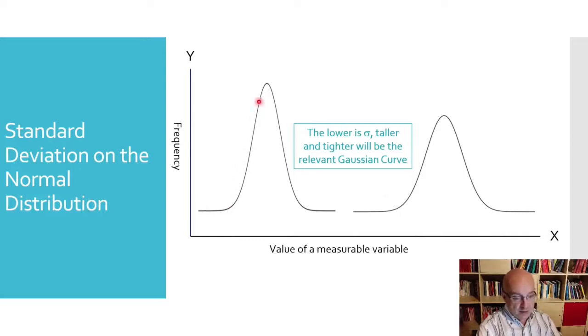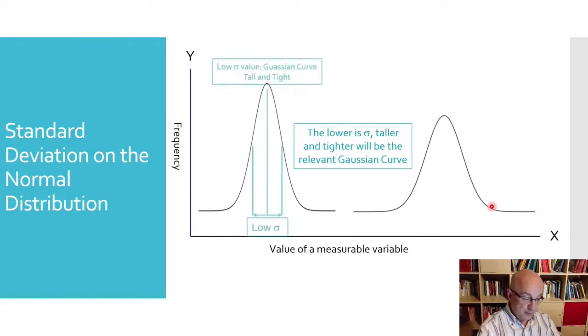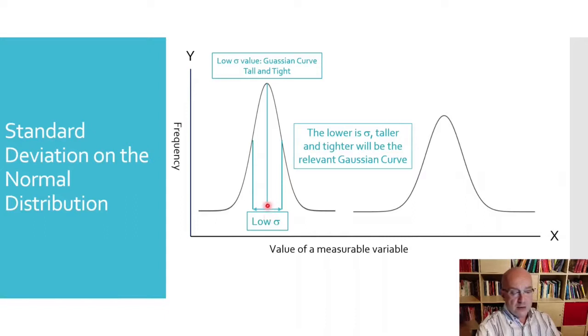This normal distribution on the left is taller and tighter than the one on the right. Why? Because of the value of the sigma, of the standard deviation. In this case, you can see that we have a low sigma, okay? A low sigma, if you remember my previous explanation, means a low spread of data around the mean.